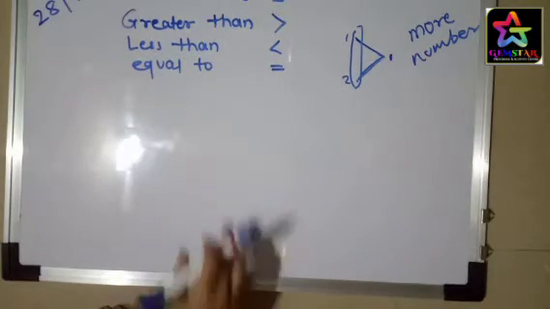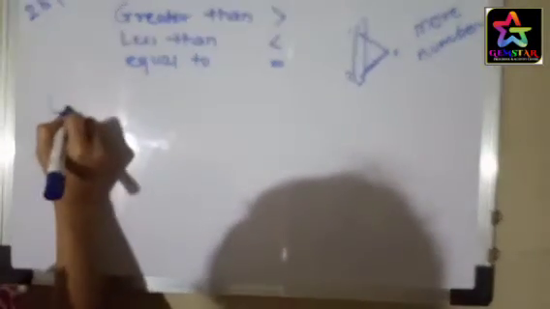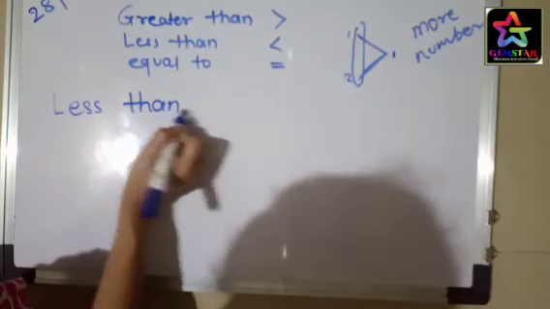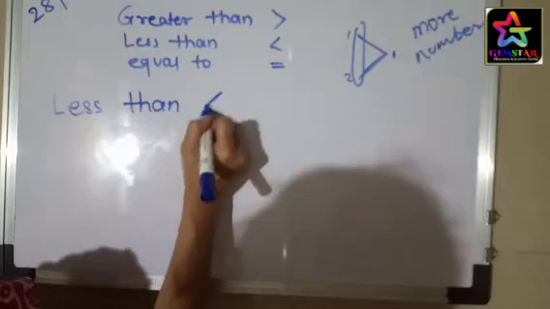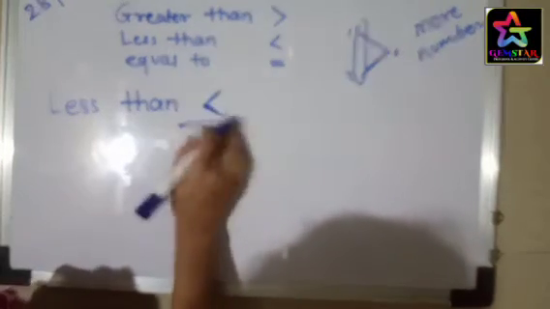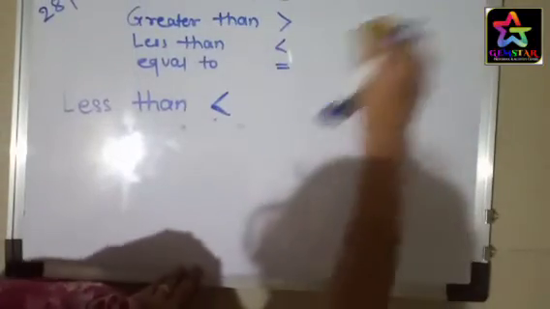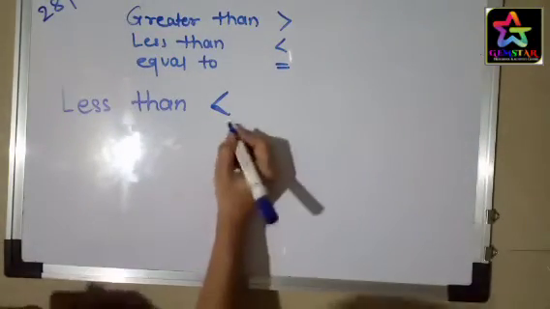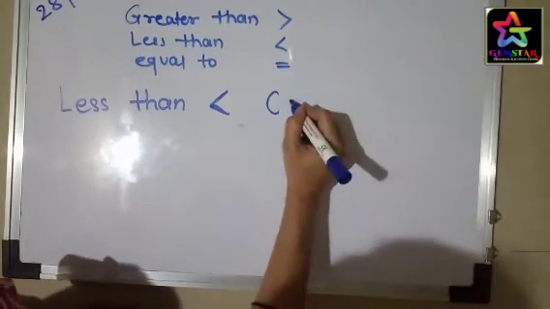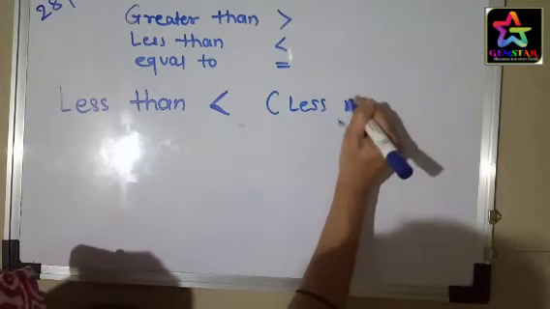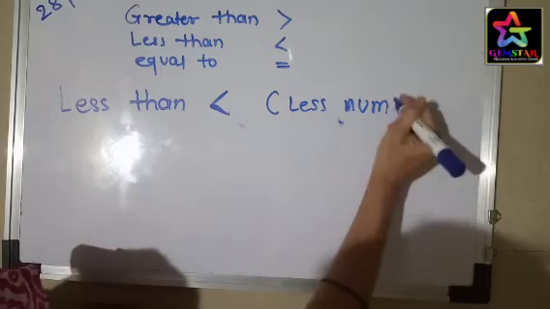Then our next concept is less than. So we use the sign less than. We put this sign where there are less number of things.